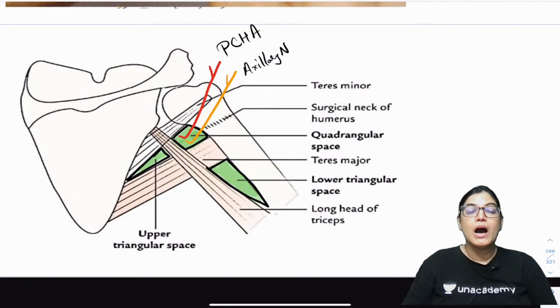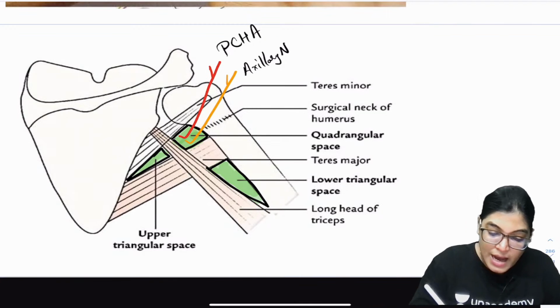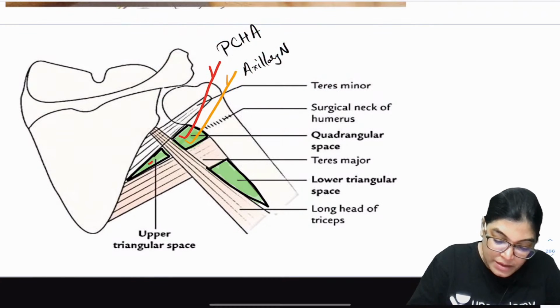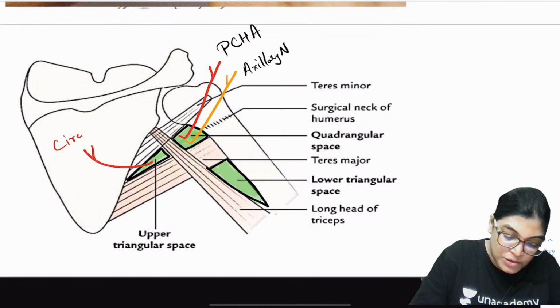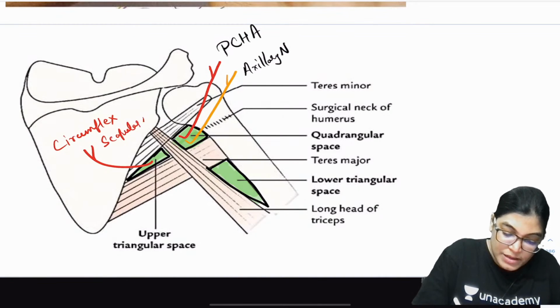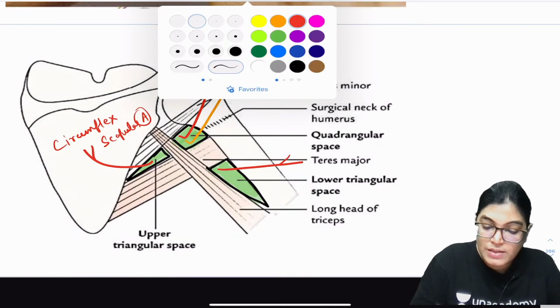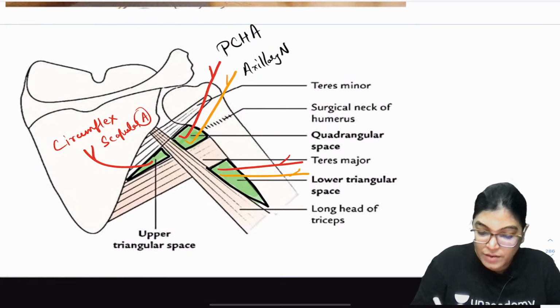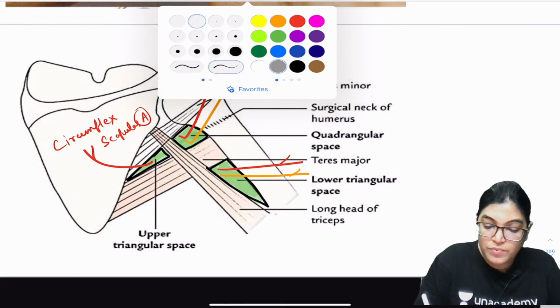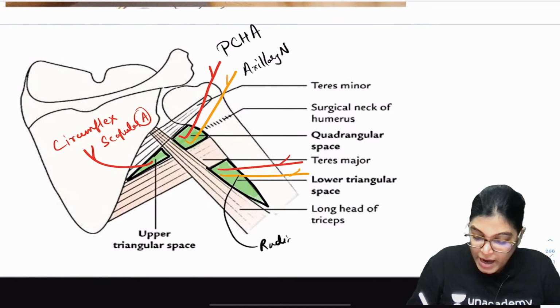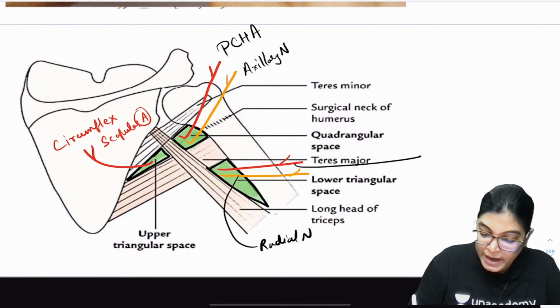Only one artery passes through the upper triangular space, that is the circumflex scapular artery. And from the lower triangular space, one artery and one nerve, as asked in the MCQ: the radial nerve and the profunda brachii artery.